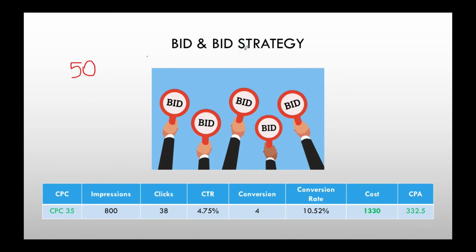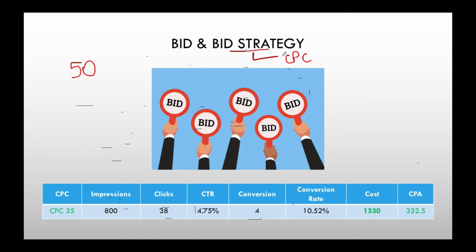So you must have heard about CPC, cost per click, CPM, cost per milli or cost per thousand impressions, or CPA, cost per acquisition. So all these are bid strategies. So in case of CPC, how are you paying the network? I'm paying the network on a click basis, cost per click, CPC or PPC.